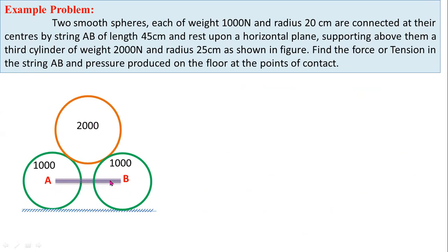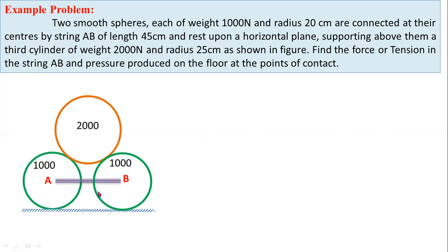AB is a horizontal string of length 45 centimeters, and the spheres rest upon a horizontal plane, supporting above them a third cylinder of weight 2000 newtons and radius 25 centimeters, as shown in the figure. Find the force or tension in the string AB and the pressure produced on the floor at the points of contact.